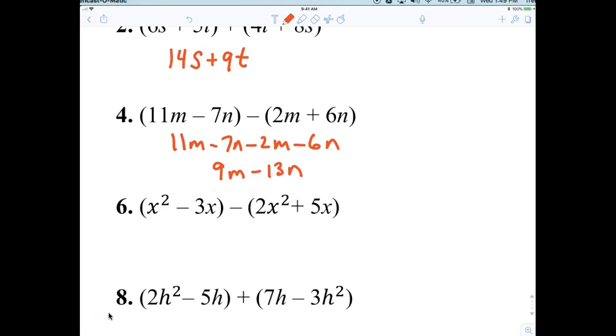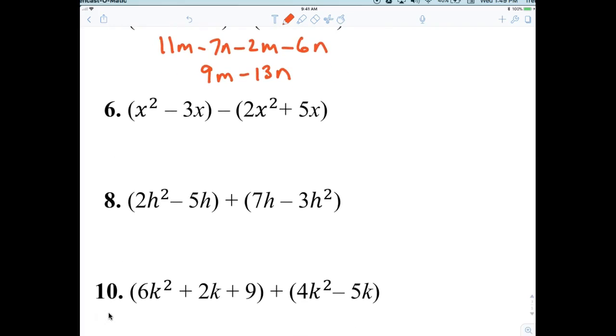I told you it's a very easy day today. Very simple. Now again, I would write x squared minus 3x minus 2x squared minus 5x. Negative x squared minus 8x.